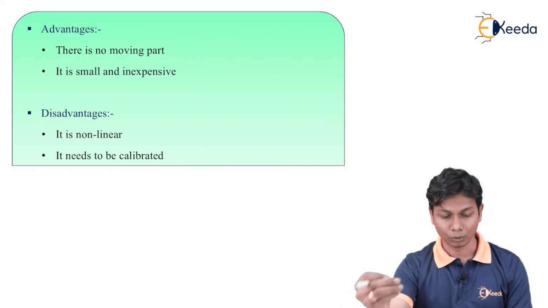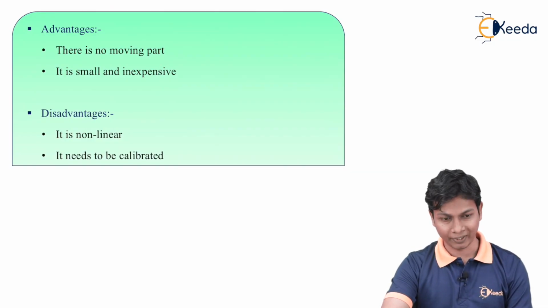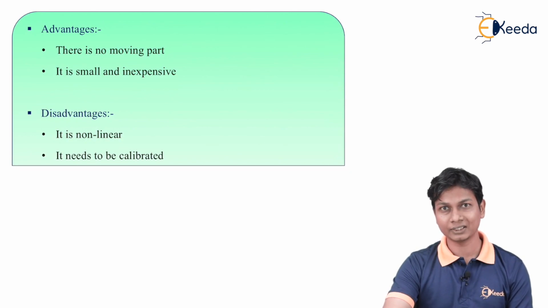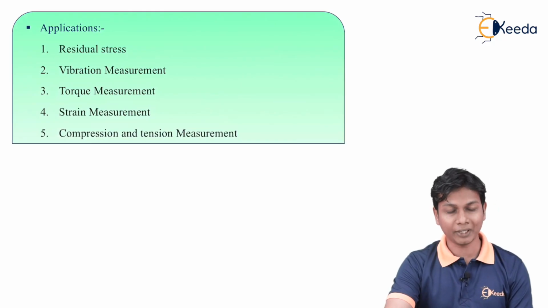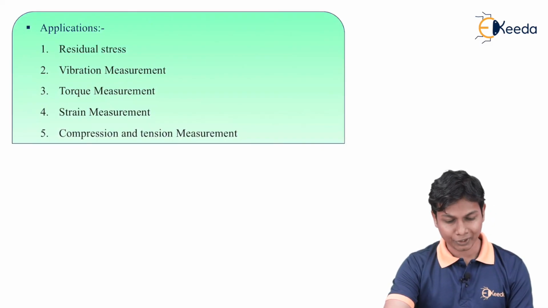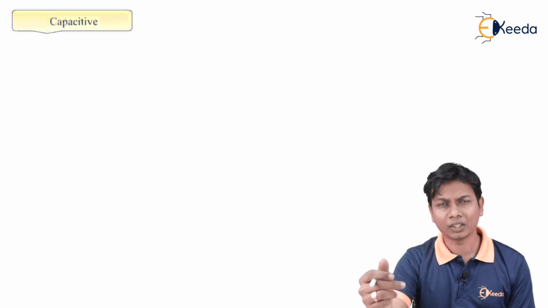So it is low cost with no moving part, so maintenance is very low, but non-linearity is present, and calibration is needed for every particular usage. Now, applications are residual stress, vibration measurement, torque measurement, strain measurement, compression and tension measurement.